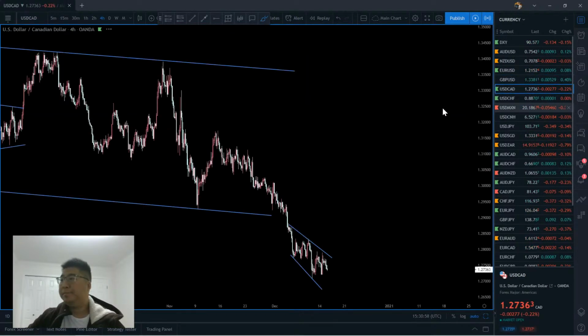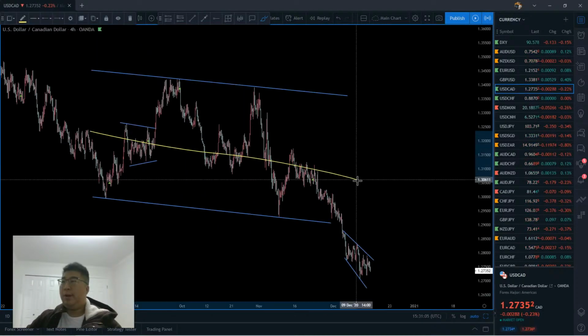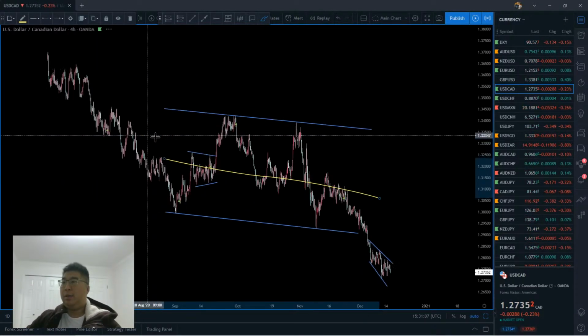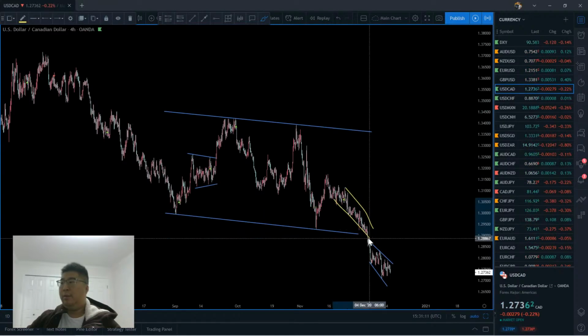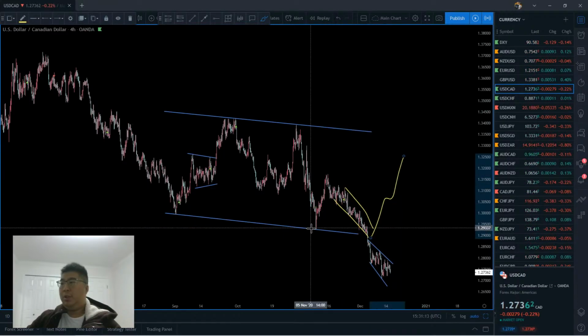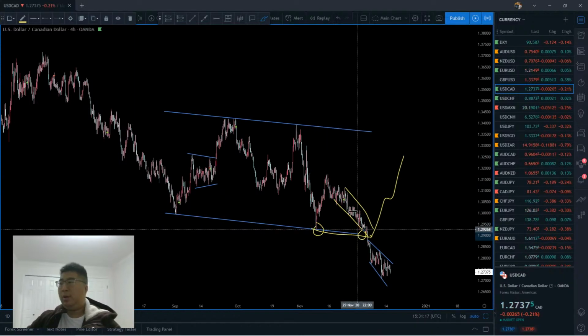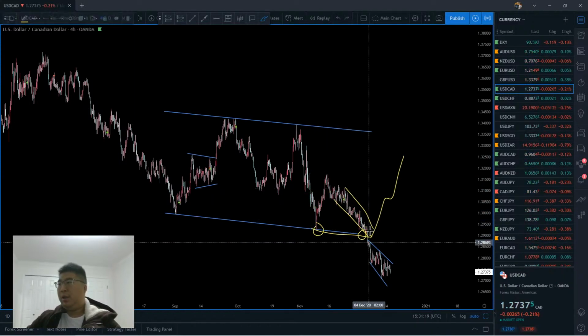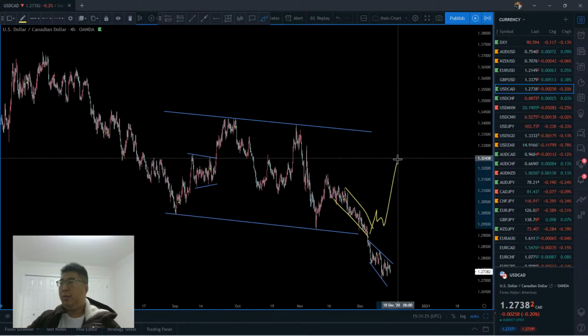Dollar CAD, let's take a look at this one. Because we broke out of this structure, this was the parallel channel structure, and I think a lot of us were looking at a potential buy opportunity here as well. It just didn't shape up. You see, it had a potential to form a mini double top, descending channel. It had a potential to break out of that channel, followed by continuation to go higher.